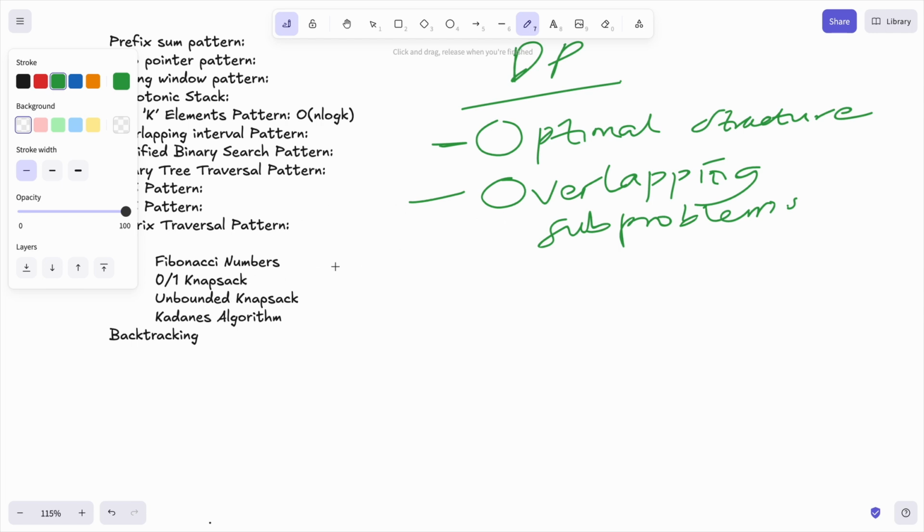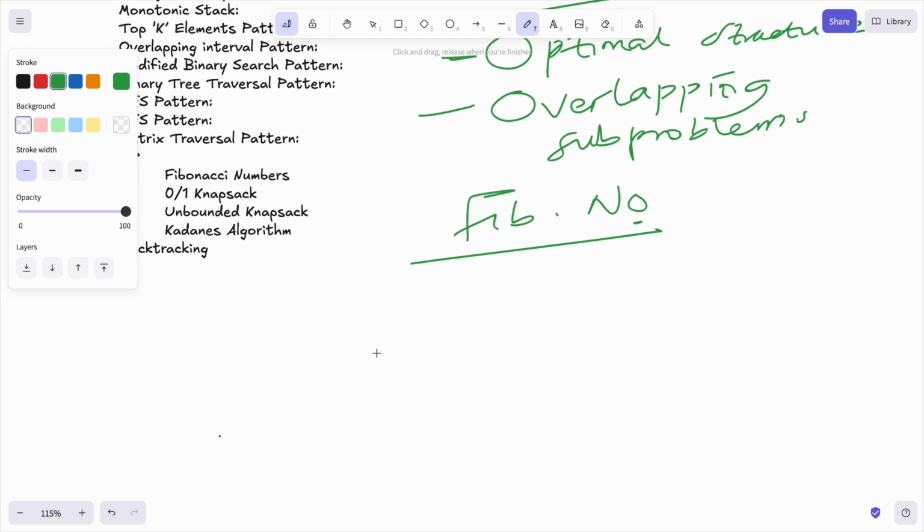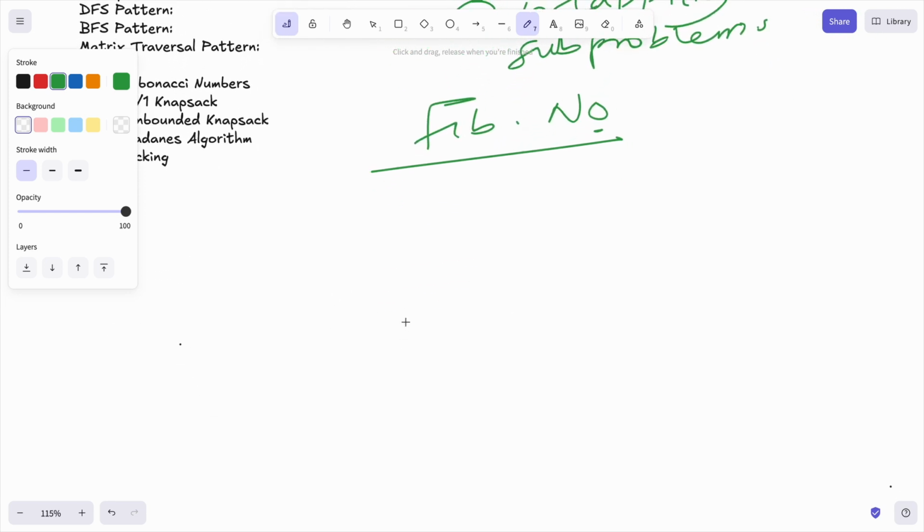So let's take the first one. When it comes to Fibonacci numbers, we already gave an example of how this satisfies dynamic programming, but let's just discuss it a little bit further. First of all, it is the series of numbers that starts from 0, 1, and then goes on to 1, and then every number is the sum of the two previous numbers. So we'll have 2, 3, 5, 8, 13, 21, 34, that way.